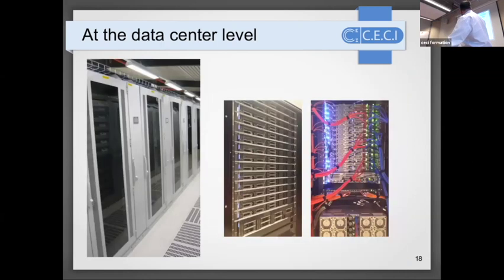And then if you stack all those compute nodes into racks, you get a data center. And in the data center, you can connect all those compute nodes with a very fast network, and you get what we call a cluster.